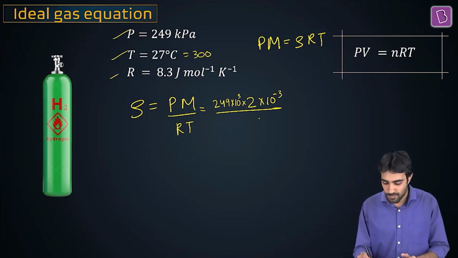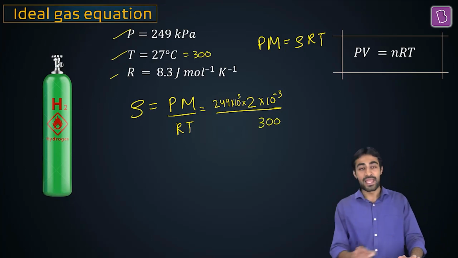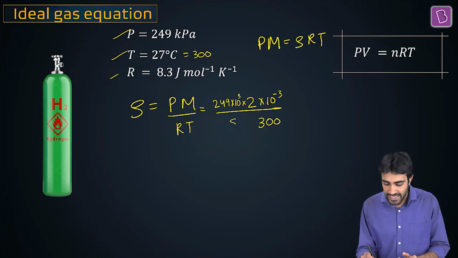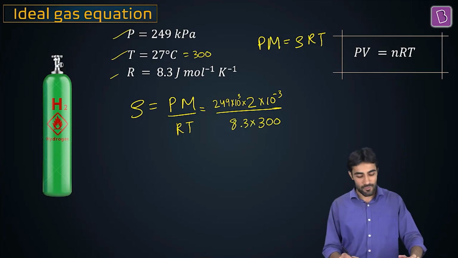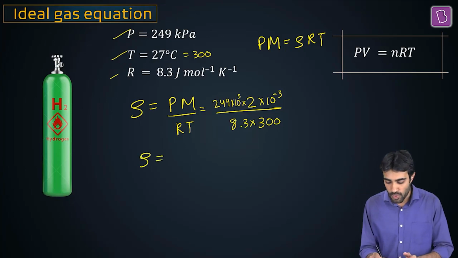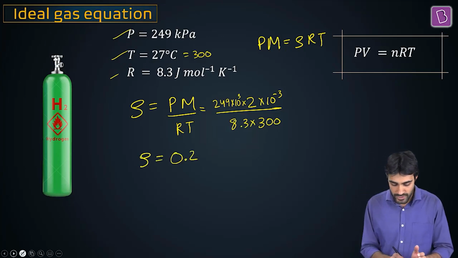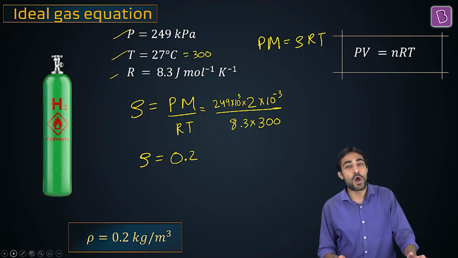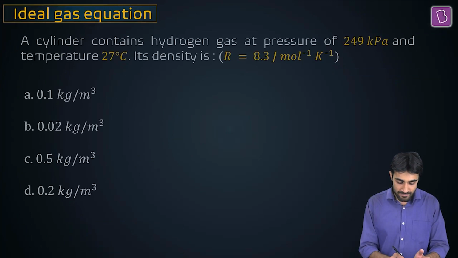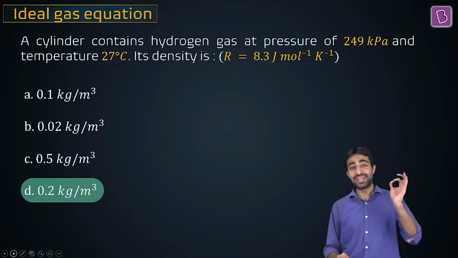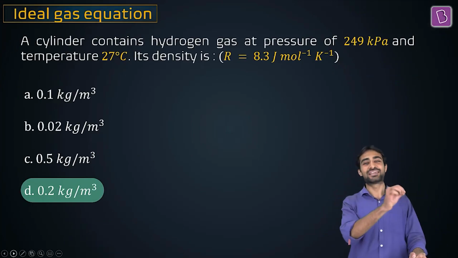So let's put the value of temperature as 300. And what is R? R is given to be 8.3. Well done. Now when we calculate, we will find rho is coming out to be 0.2. Yes, it is 0.2 kg per meter cube. And let's mark option D as the right answer for this question.